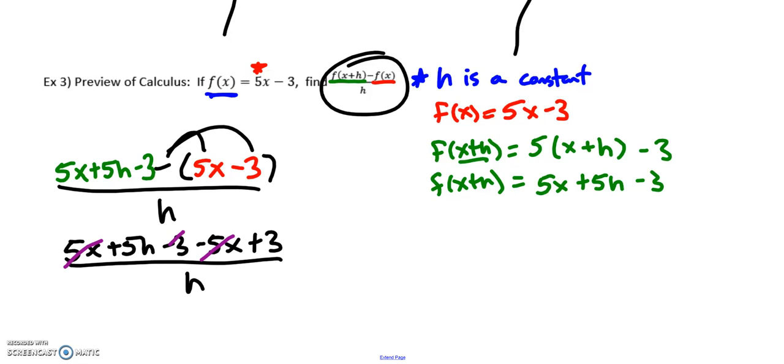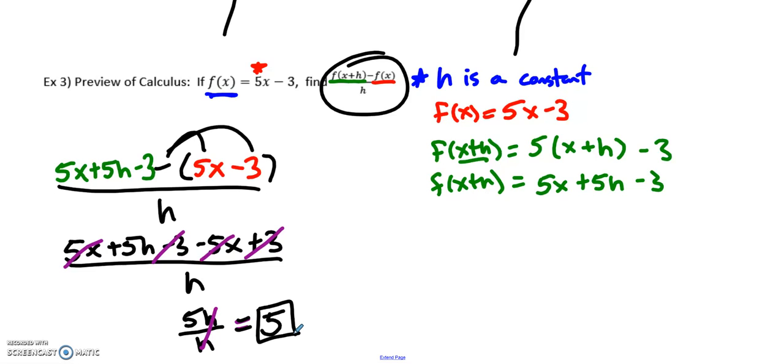The 5x's go, the negative 3's go, and I end up with 5h over h. Please don't tell me that that's 4h. I'm not using exponent properties here by subtracting anything. I am reducing, so the h's go away, and I get an answer of just the number 5.